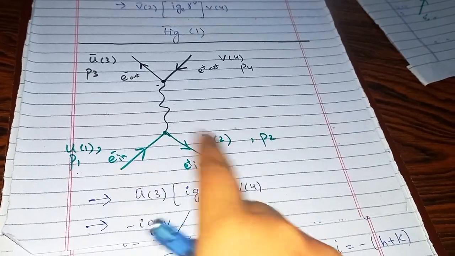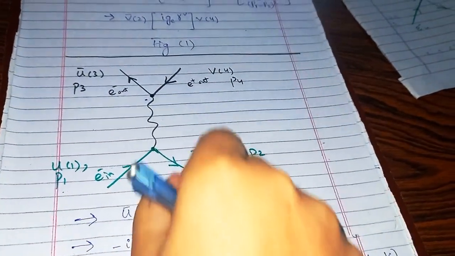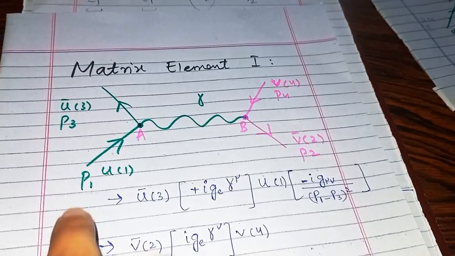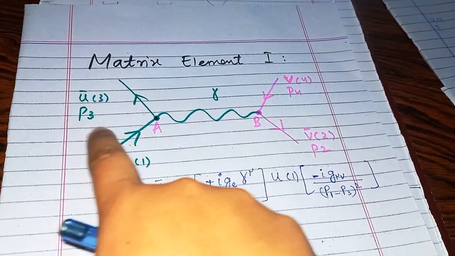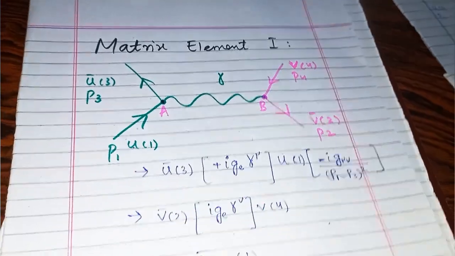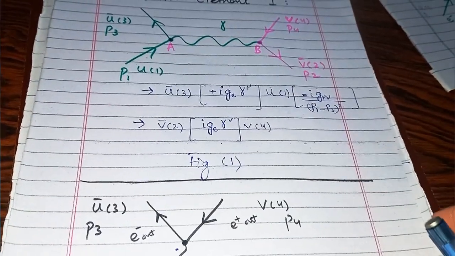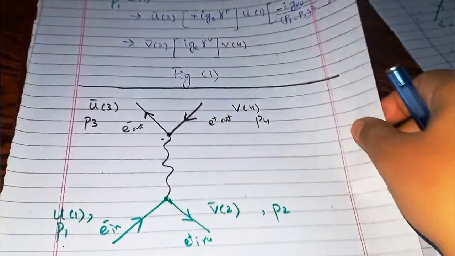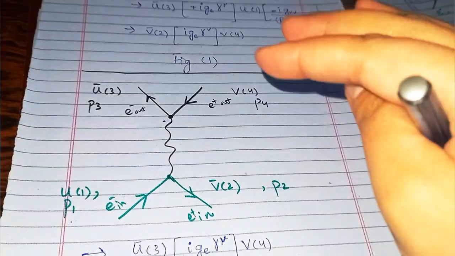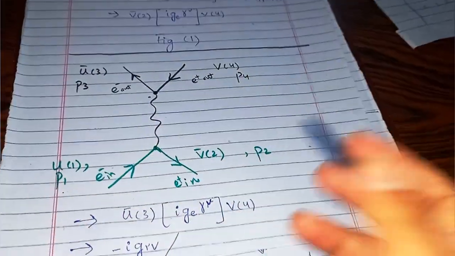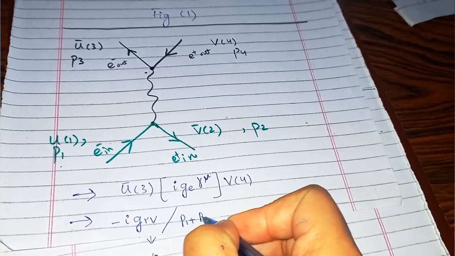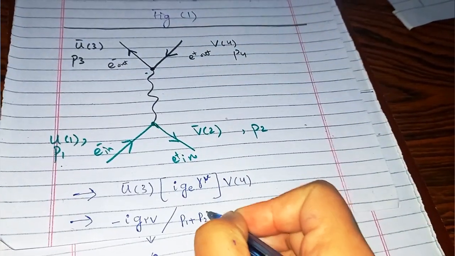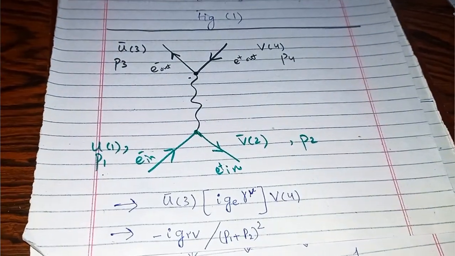Their momentum will be added because they combined to form a photon, while in the other case the momentum changed because a photon was emitted out of this electron. So momentum was carried away by the photon, hence the momentum difference was encountered. But here they combine together, so their momentum will be added. So it will be p1 plus p2, p1 plus p2 whole square as the propagator in this situation.